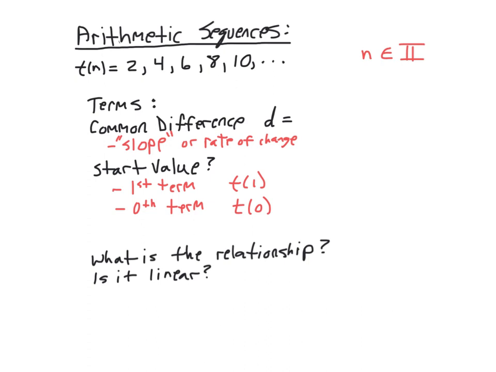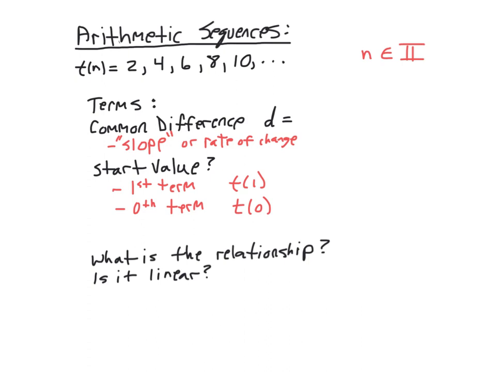Let's describe what t of n really means. T is function notation, and t is essentially like term. We call each of these individual things in a sequence a term. Term 1, term 2, term 3, you get the idea. The dot, dot, dot at the end means that this sequence goes on forever.